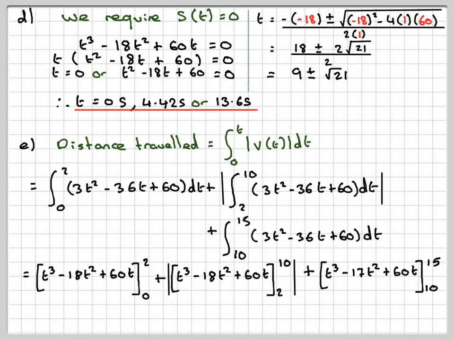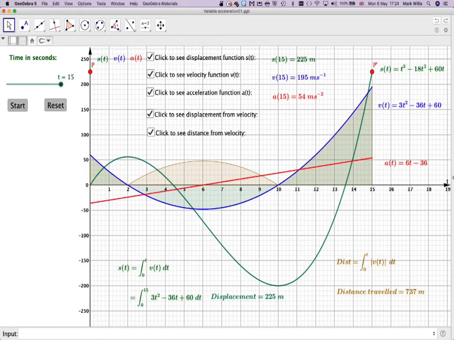It's a slight mistake there. This should be 18. Just putting 2 in here will give you 56 minus 0. We can get that by scrolling this back a bit. Let's reset it.